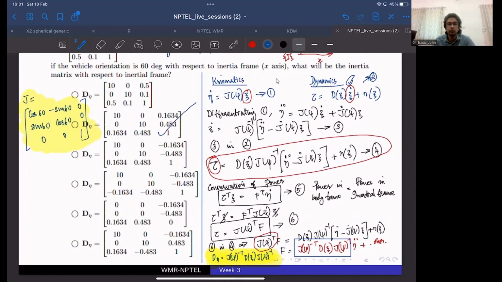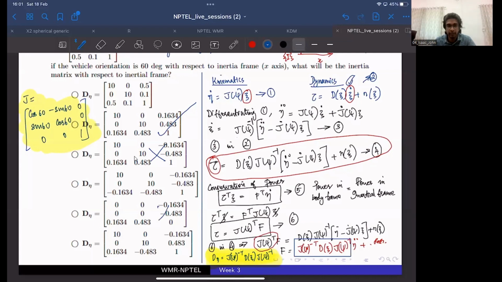Another way to eliminate some options would be to see if the matrix is symmetric. As you might know, the mass matrix is always going to be symmetric, irrespective of what frame it is referenced to. So option 3, you can obviously eliminate because that is not symmetric. Option D is symmetric.